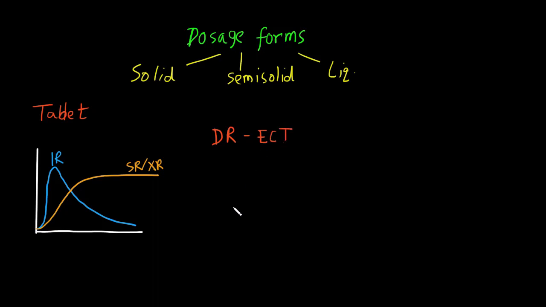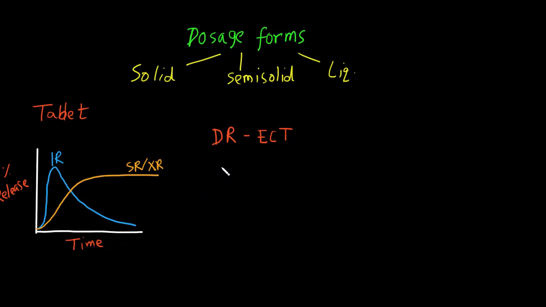It means the enteric coating will not be dissolved in the stomach. The enteric coating will be dissolved in the intestine, and then the drug will be released. So those drugs which are enteric coated, we call them delayed release drugs.